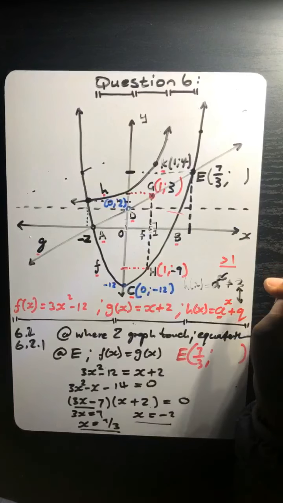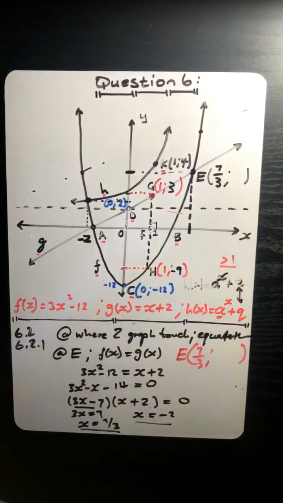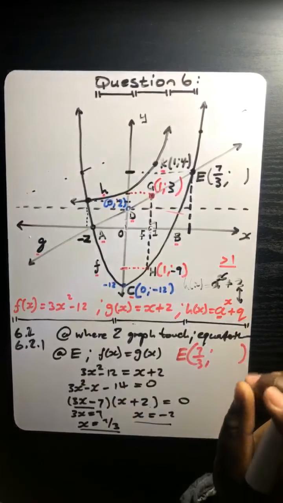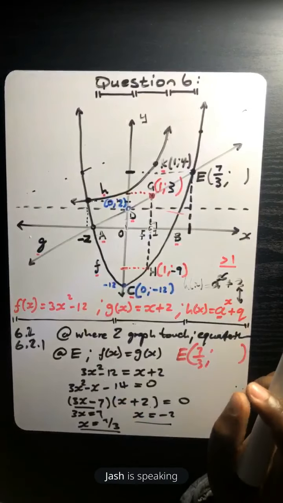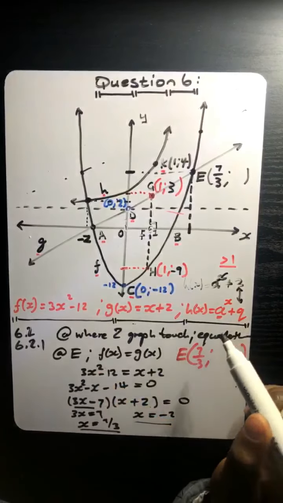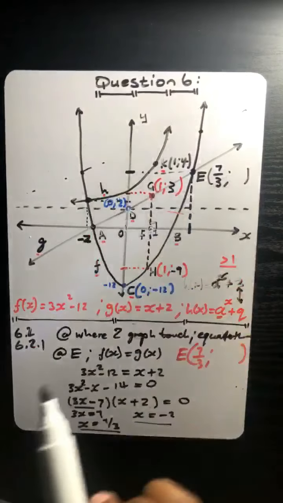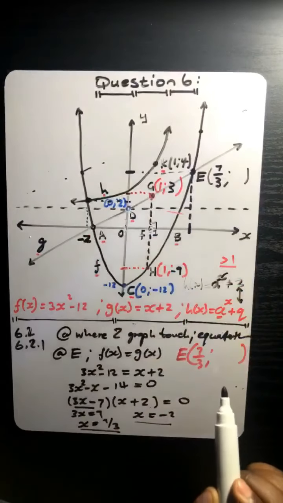Shreyas, did you get that part, or would you like an explanation on that one? Okay, so always, Shreyas, where you have 2 graphs touching each other, the first thing that you do is to calculate the x value.